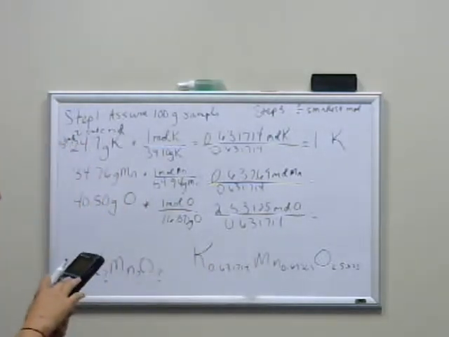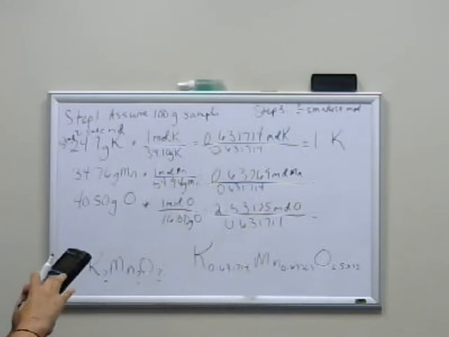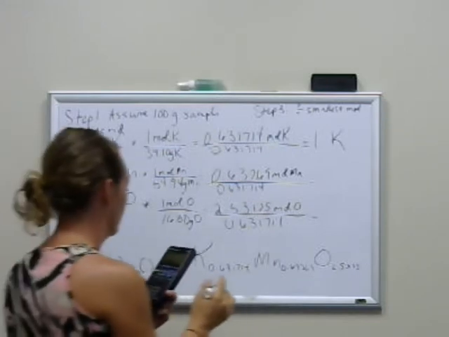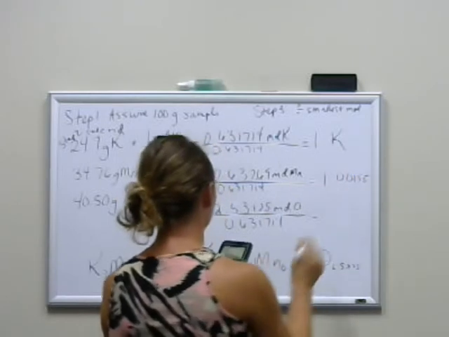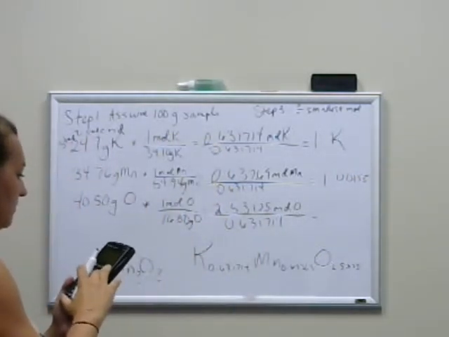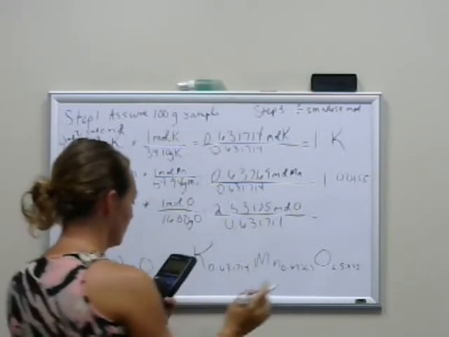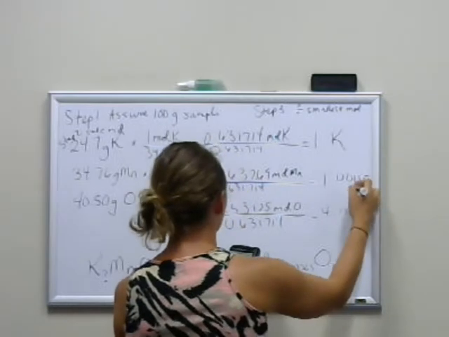Okay, when I plug this into my calculator, I get 1.00155. Plugging that one in, I get 4.00696.